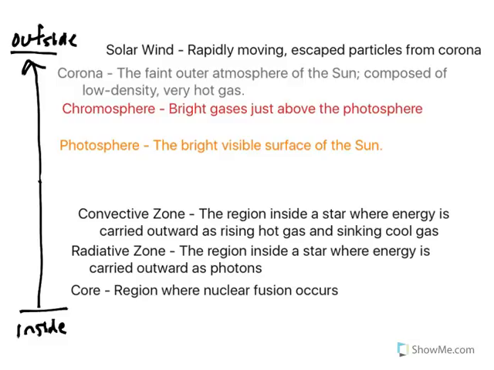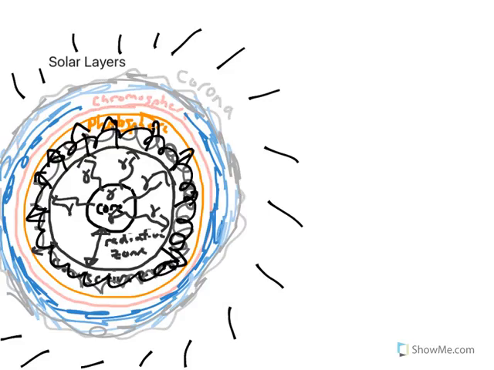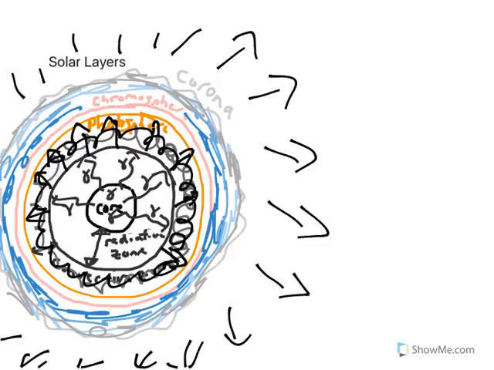So they're rapidly moving escaped particles from the corona layer of the sun. And these escaped charged particles penetrate throughout the solar system. They come past Mercury, past Venus, past Earth, past Mars, and they keep flowing out away from the sun and through the solar system. These are your layers of the sun.